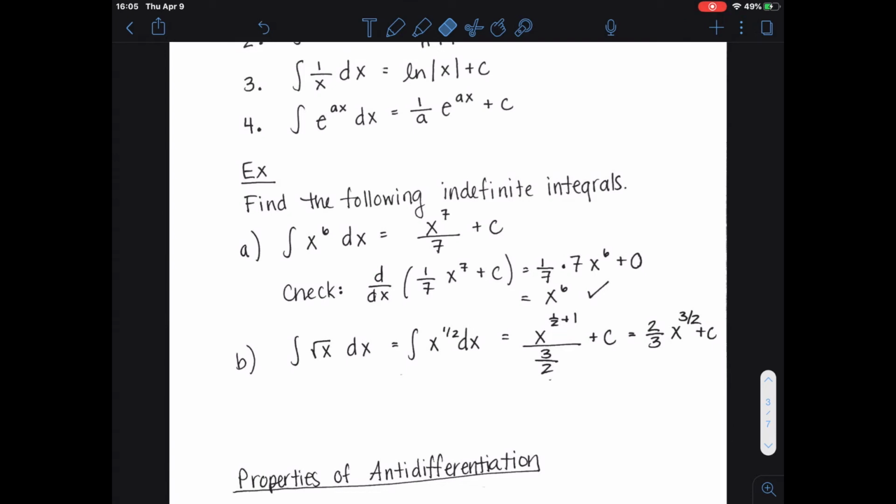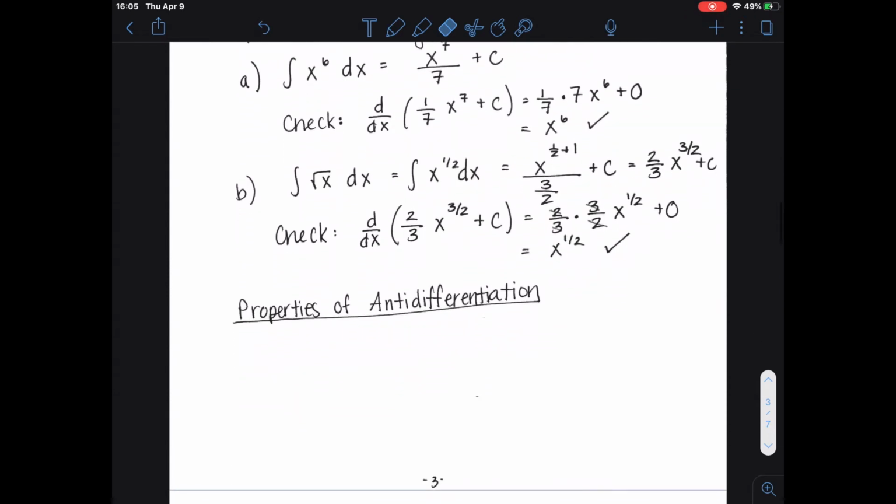So this is our most general antiderivative. Let's go ahead and check by differentiating the antiderivative. Derivative of x to the 3/2 is you bring the 3/2 down, becomes 1/2. So everything cancels out nicely, and you just get x to the 1/2.